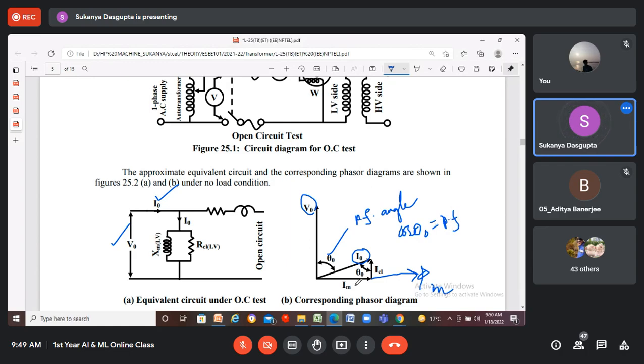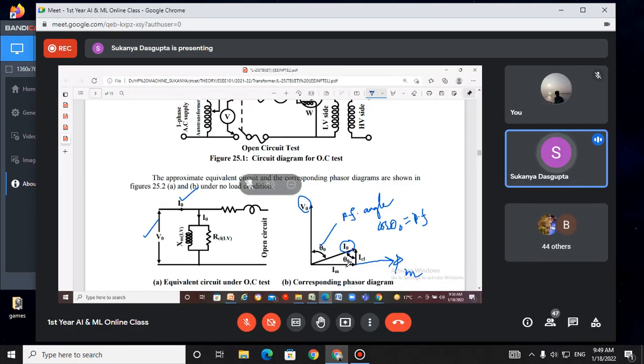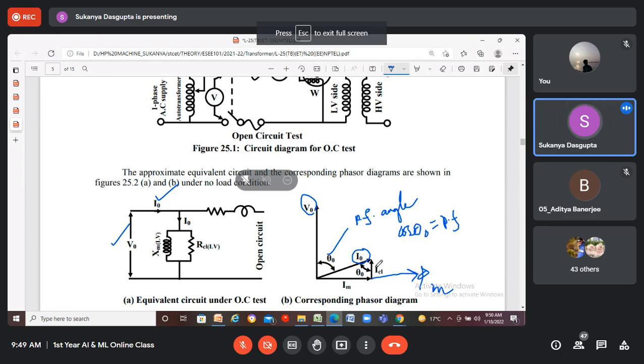Okay. Now, as I said earlier, this vector I naught should be in phase with Im as much as possible in order to ignore the losses, right? This component ICL must be very, very small compared to Im, right? And this ICL is the current supplying the core loss.